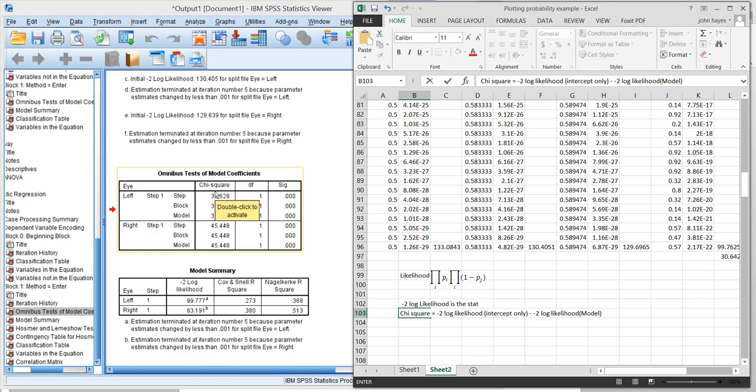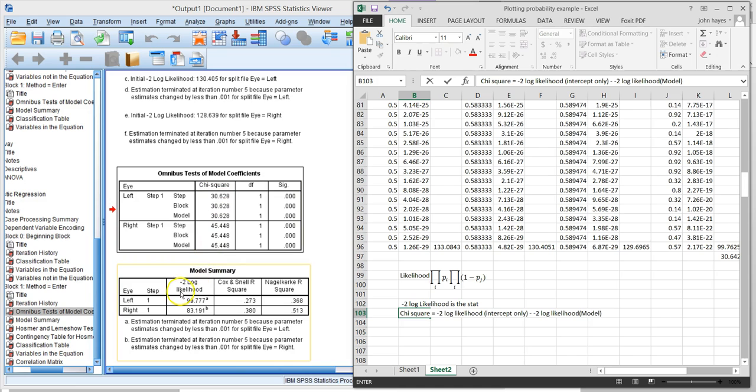In this video, we'll make an attempt at explaining, or at least describing, what the likelihood is when we're talking about maximum likelihood ratios and things like that. The likelihood statistic is one that's used in fitting the logistic regression.